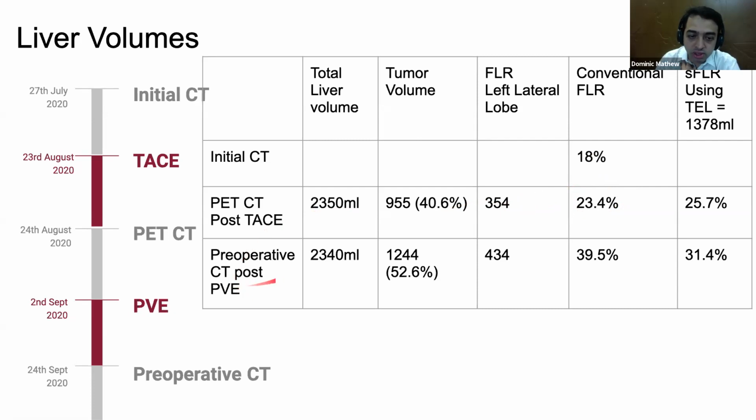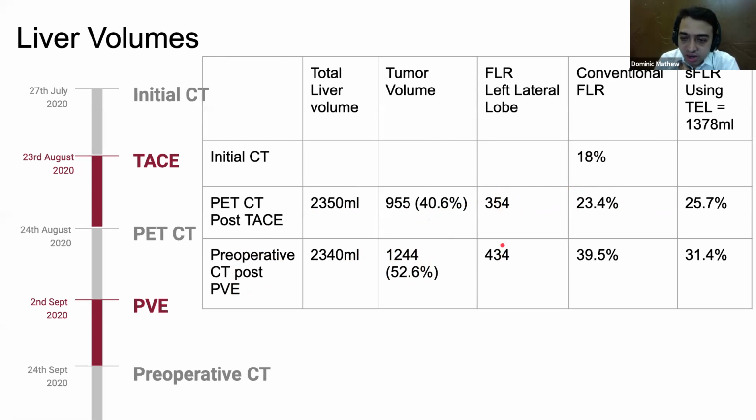Following PVE, we did a repeat CT, and in that, you can see that the tumor volume is actually increased. This expansion happened in a phase of 1 month, and we discussed this with the radiologist, and they feel that this could actually be an error in computation.